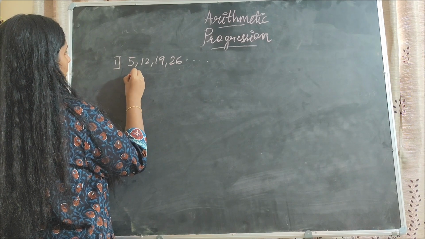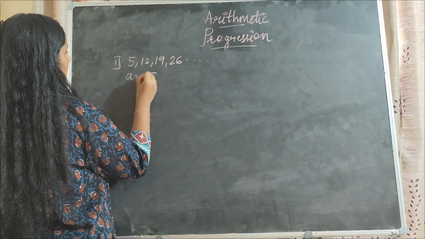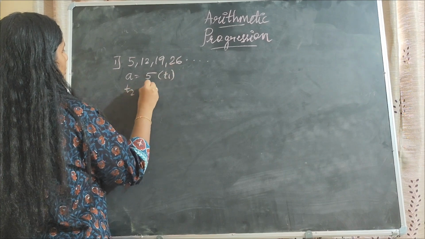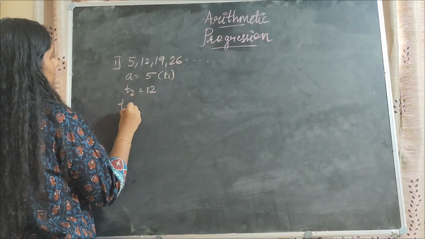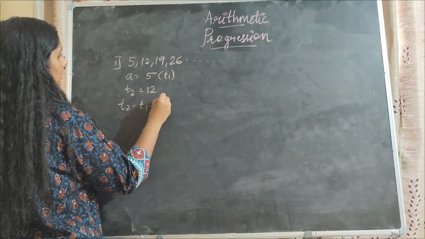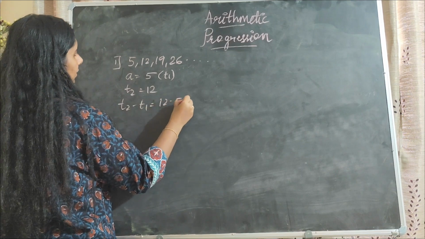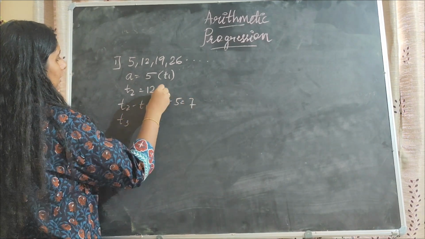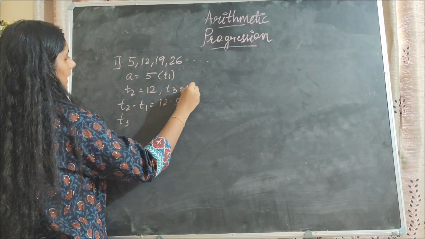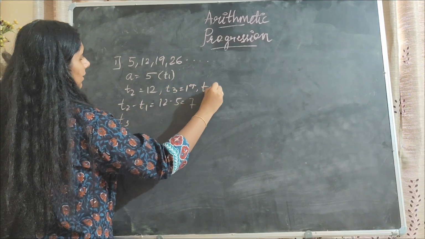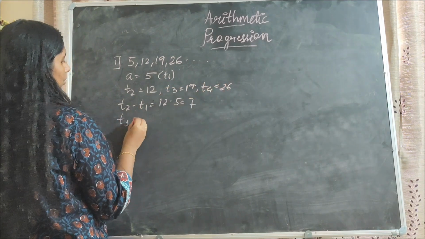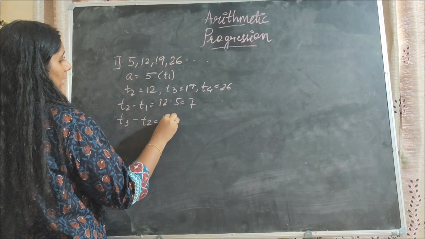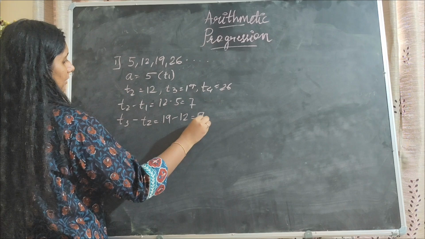So first you need to denote the terms. A is 5, that is T1. T2 is 12. T2 minus T1 is 12 minus 5, which is 7. T3 is given as 19. T4 is given as 26. So T3 minus T2 is 19 minus 12, which is 7.